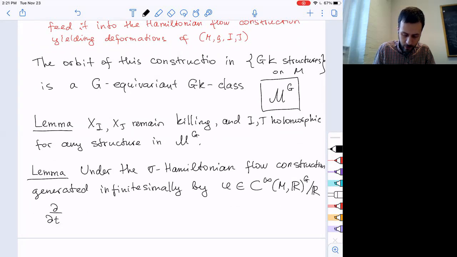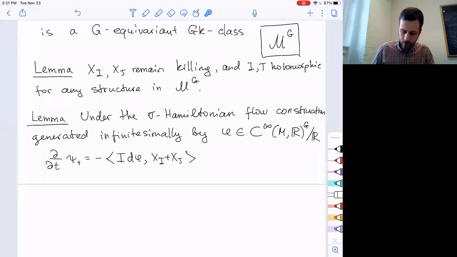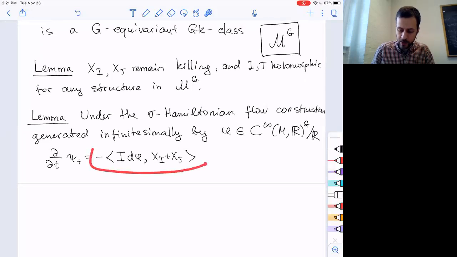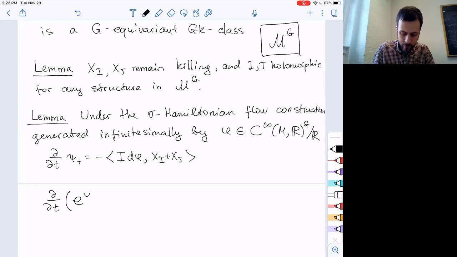So the variation of psi, say plus, will be negative. And the right-hand side is a globally defined smooth function on your manifold. And the corresponding variation of the volume form would be, maybe again for plus, and for minus it's analogous.